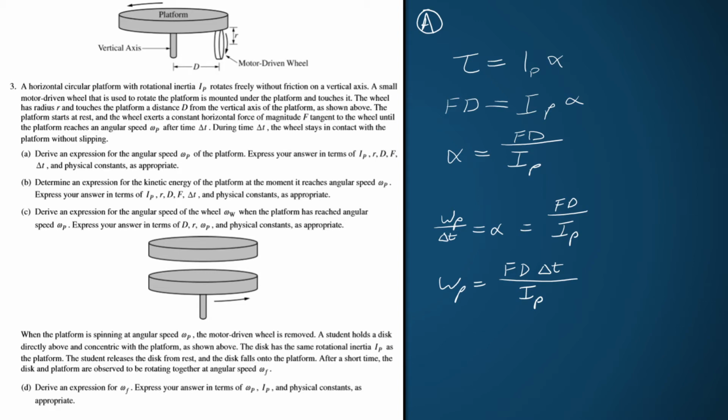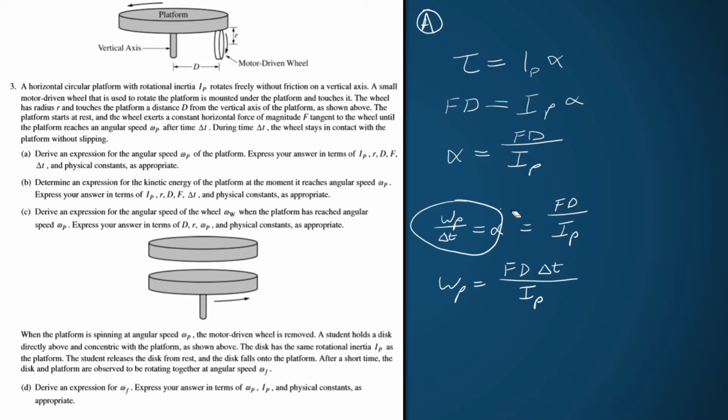So this works in this case because we were starting at rest. If we weren't starting at rest, this actually wouldn't have worked, because this equation is getting an average.